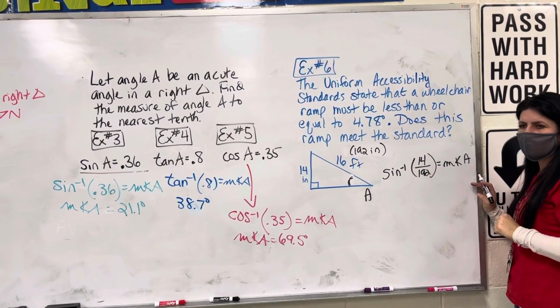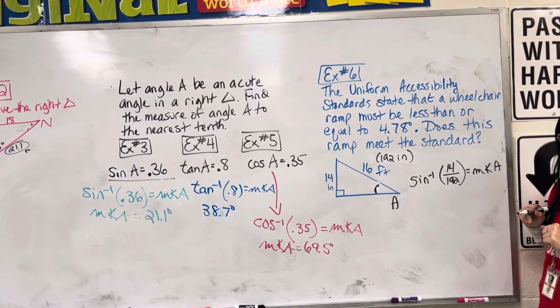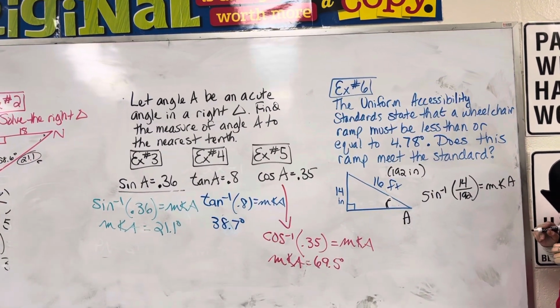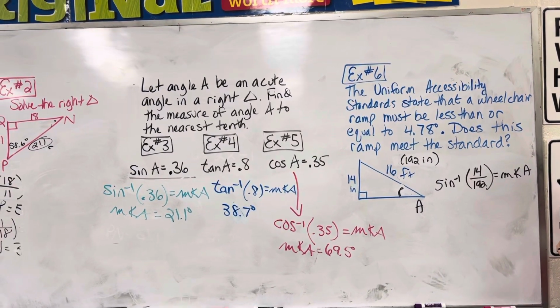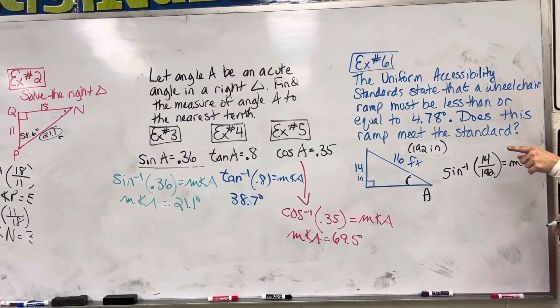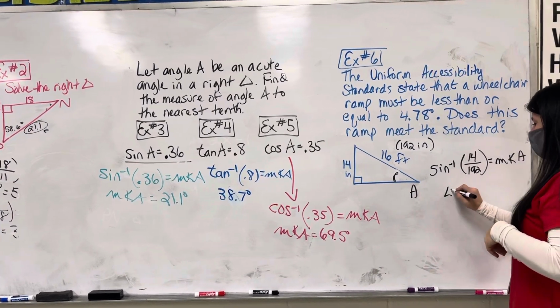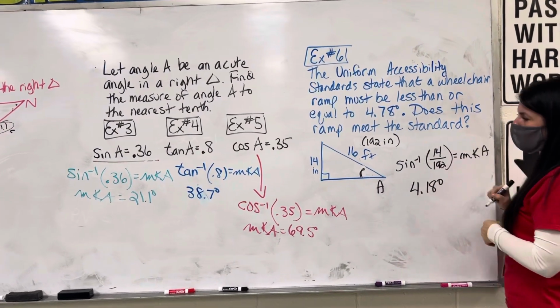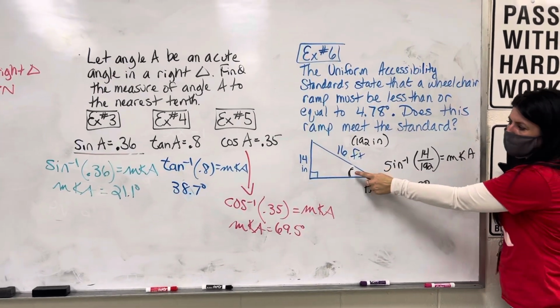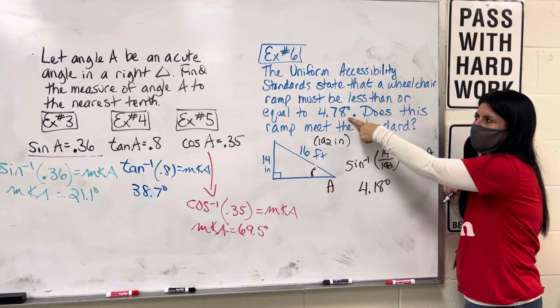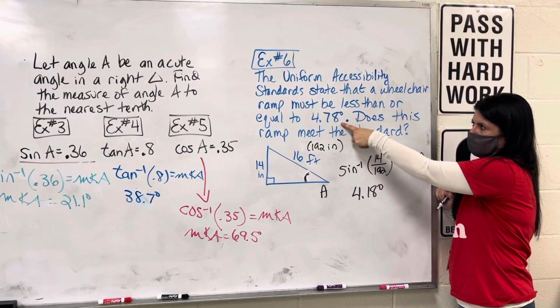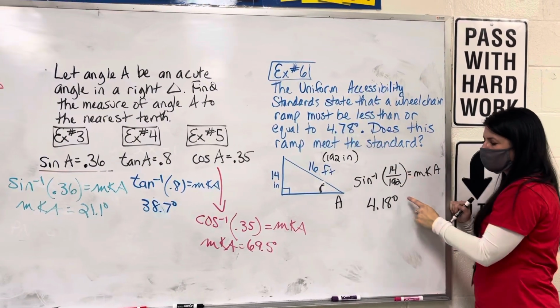What do we get when we do that inverse sine? Anybody have that for me? 4.18. So 4.18 degrees. Is this wheelchair ramp with an angle of 4.18 degrees in compliance with this standard? Because it says less than or equal to, yes, it does work.